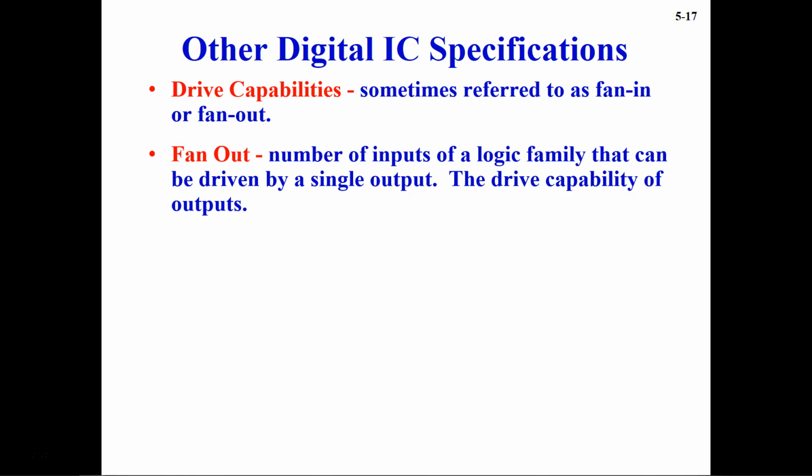and the fan out for low voltage, low power Schottky TTLs, the short term for that is LSTTL, is 20, and for 400 series CMOS it is considered to be about 50.